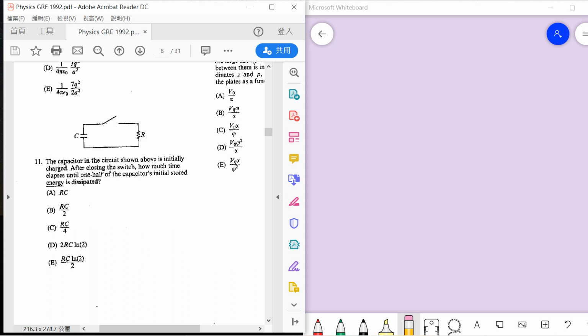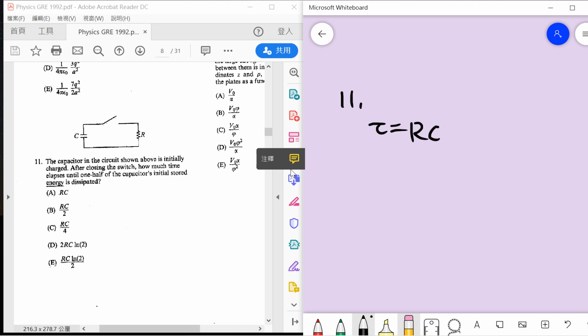However, in usual tests, if you are not good at the differential equation, then at least you should remember some constant. For this one, the constant is called RC.